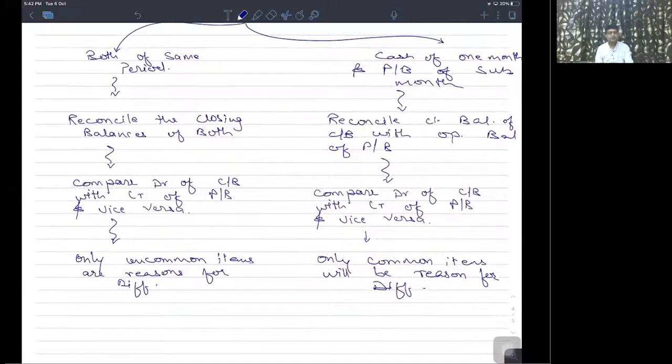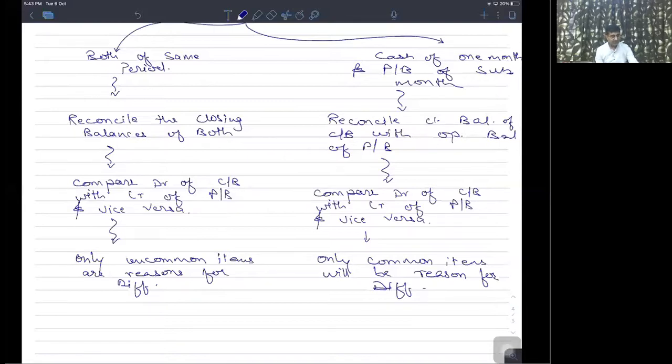Am I clear? Now, last concept in this, from the conceptual discussion point of view, that is the concept of adjusted cash book. What is adjusted cash book? The adjusted cash book is basically the book which is prepared for the purpose of rectifying the errors in our cash book, for recording the transactions in our cash book which are not yet being recorded.